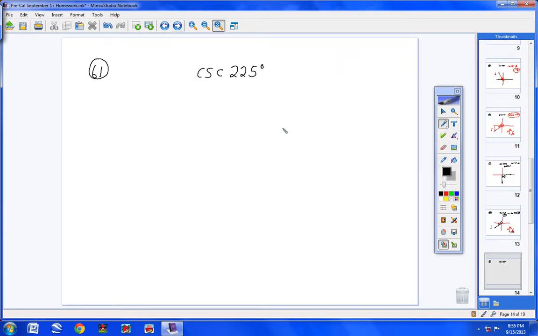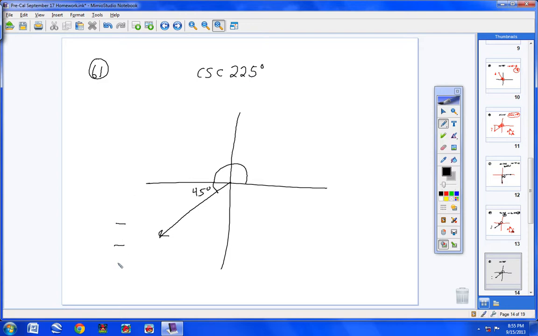All right, cosecant of 225. Well, let's go ahead and draw our coordinate plane like we always do. We're going to go 180 plus 45 more, okay? So the reference angle for 225 is 45 degrees, okay? So really, if I'm trying to find the cosecant, oh, don't forget your signs, by the way. The sign sequence would be negative, negative, positive.